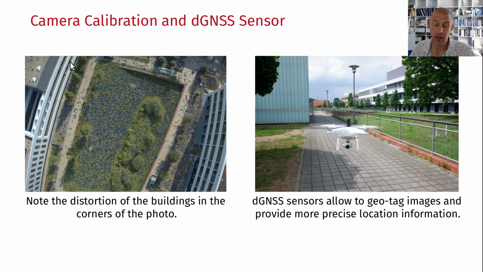So this is a top-down view of a building, and you can clearly see the curved feature of this building. This is not a modern architectural building that is actually curved. This is a straight building. The reason why it appears curved is because the camera optics has some aberration in it. So this is a clear example of why you would need to do camera calibration.